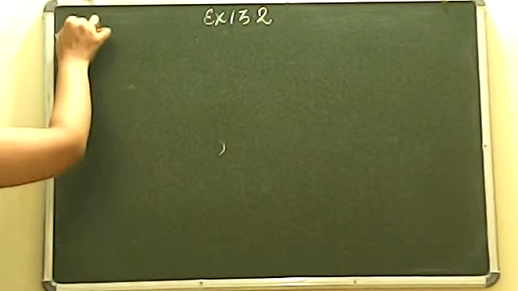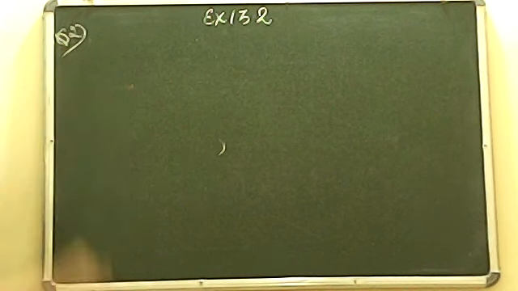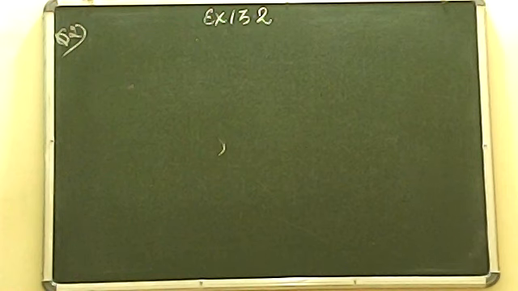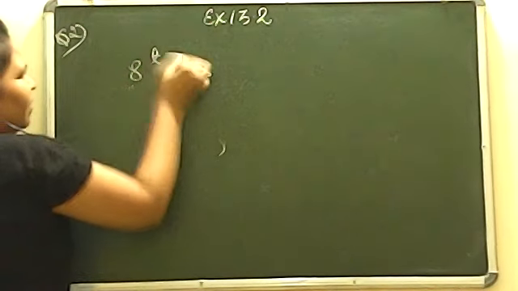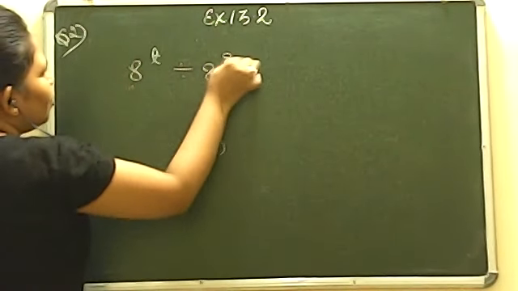Soumya, why t minus 2, beta? I am asking why minus 2? Why not plus 2? 8 to the power t divided by 8 to the power 2. Why?